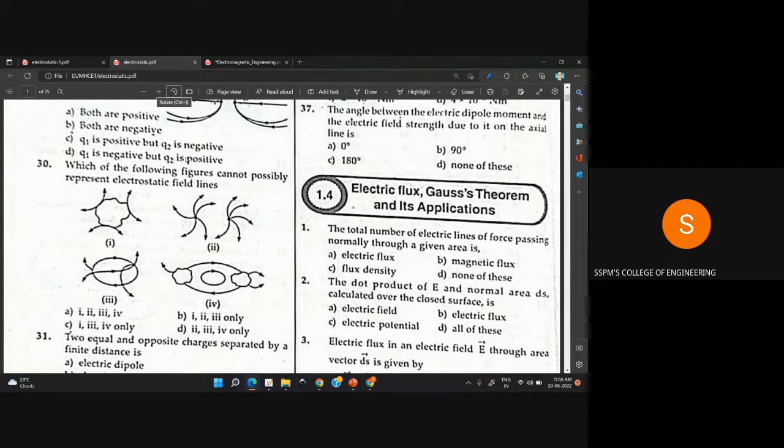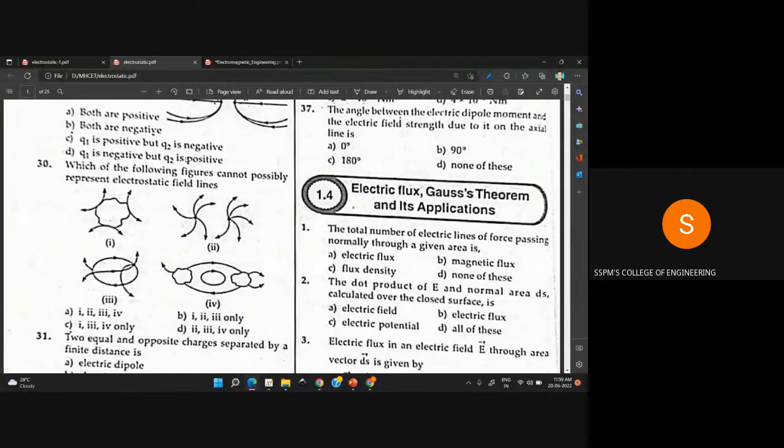Now you know the electric field originates at one point and terminates at another point. So option number 2 is valid for an electric field because it originates at one point and terminates at another point, and it has only one direction because it is an irrotational field, isn't it?